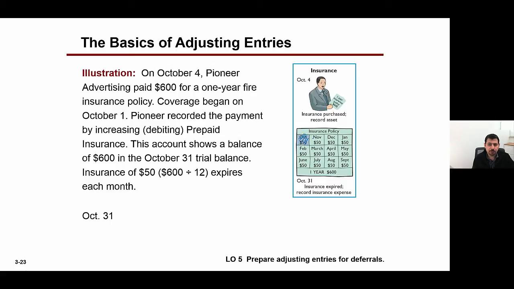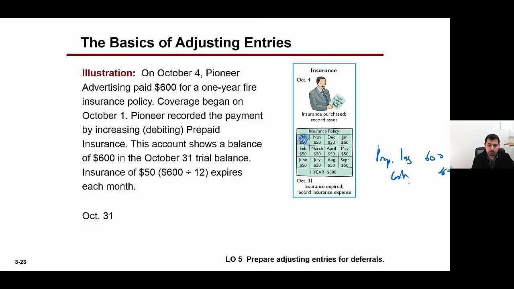And this is why, as it was originally recorded when we bought it, let's say with cash, prepaid insurance was debited 600 and cash was credited 600.